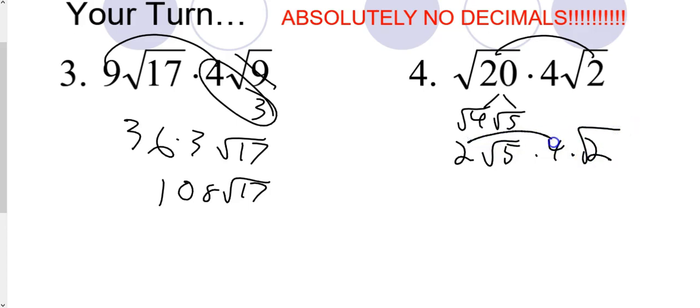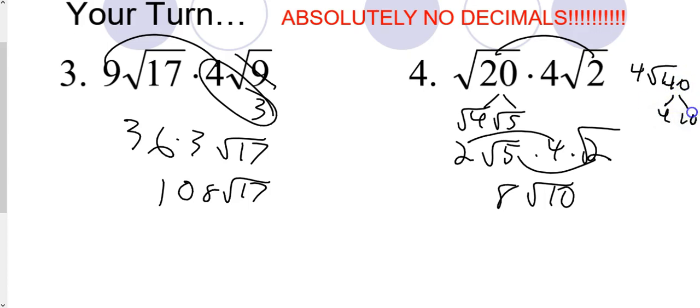And now outside times outside, inside times inside, and you're done. If you would have done 4 radical 40, you would have gotten the same answer, because this would be 4 and 10, and then that would be 4 times 2 times radical 10. And you get to the same answer. So there's more than one way to do it. But that's it.